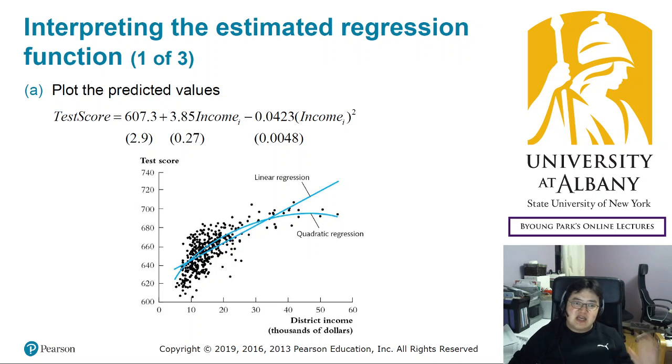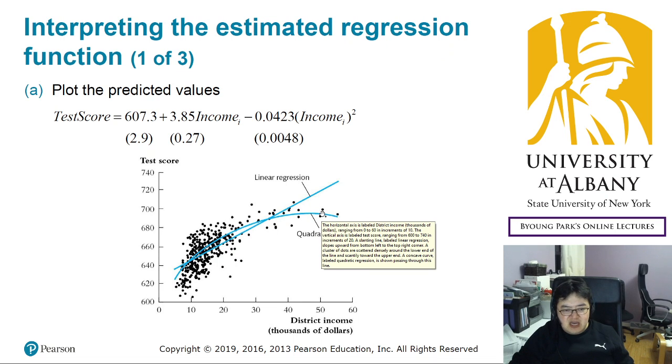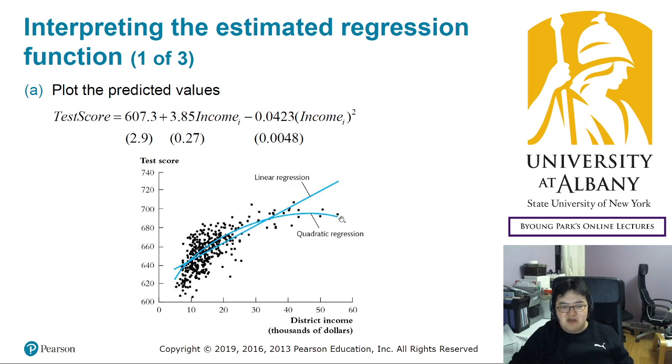In this case, because the coefficient of the quadratic term is negative, this function implies a graph like this, an inverse U shape, like a bell curve. So the quadratic regression function will go down at some point. Maybe the maximum is achieved here, and after this maximum, it starts to decrease like this.